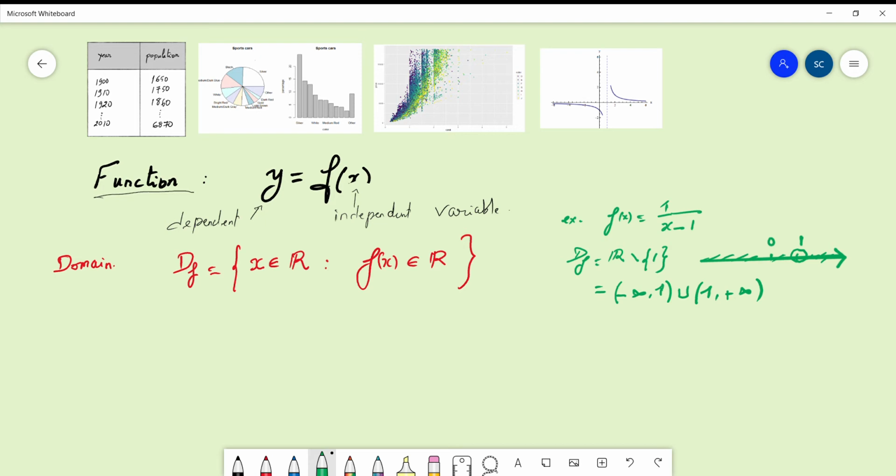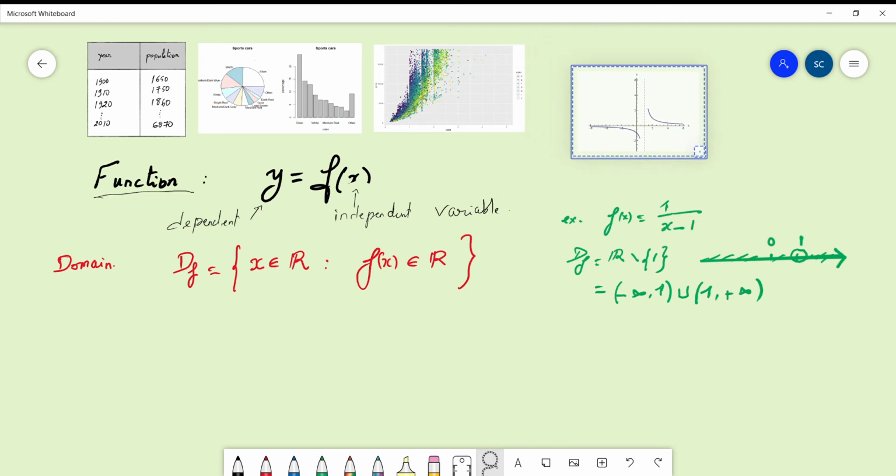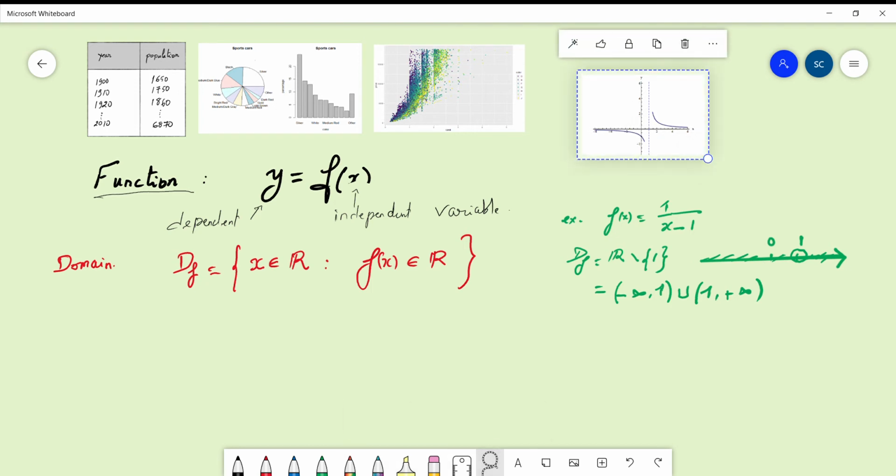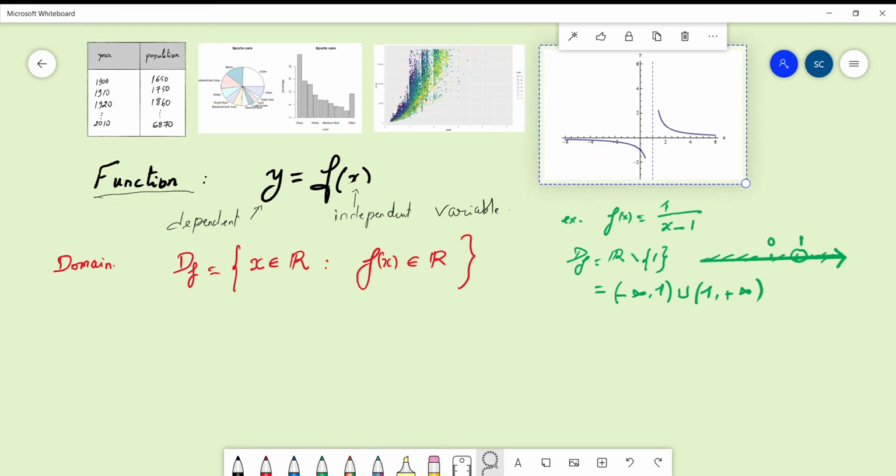Let's take another important set. If you look at the graph here, the value 1 is excluded.